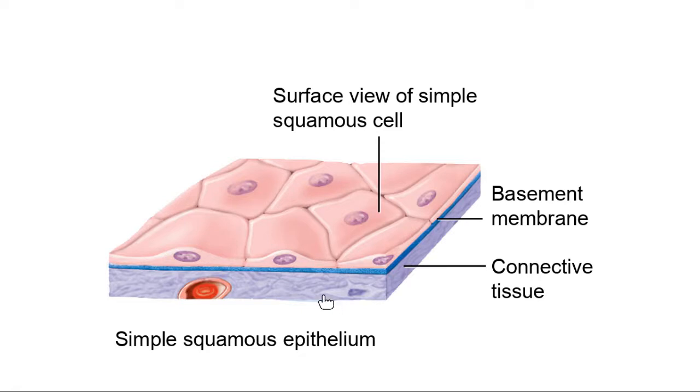squamous epithelium. In the simple squamous epithelium, as you see in this picture, we only have one layer of flat cells. The blue layer is the basement membrane, and beneath the basement membrane, we have connective tissue.